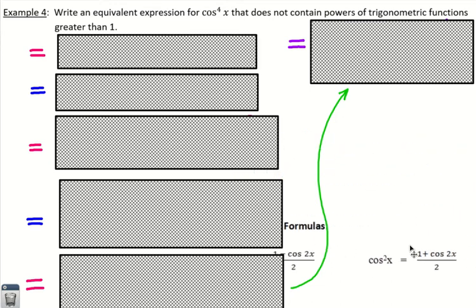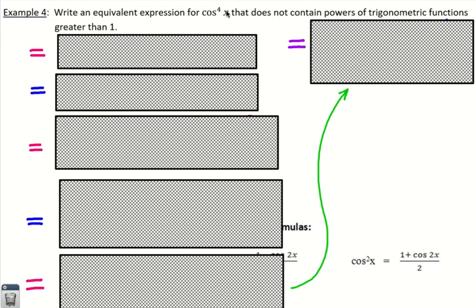Okay? Now, our first potential speed bump here is that this says cosine squared is that, but what about cosine to the 4th? What the heck can I do? Is there a formula for the cosine to the 4th power?